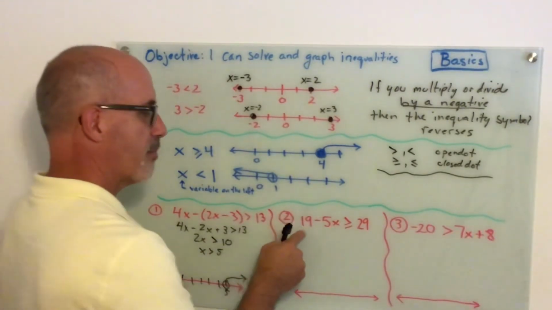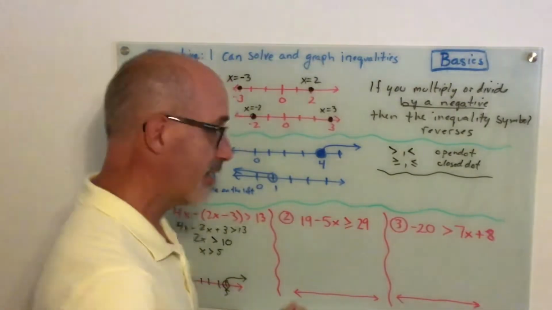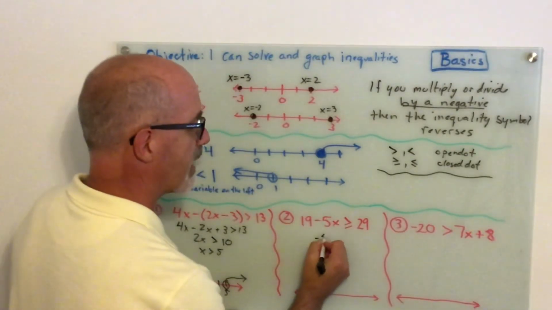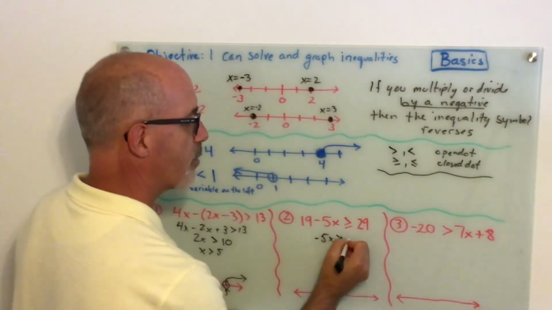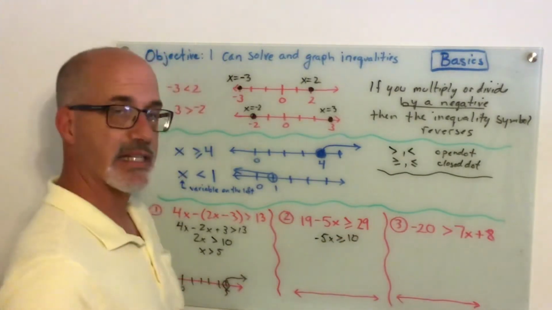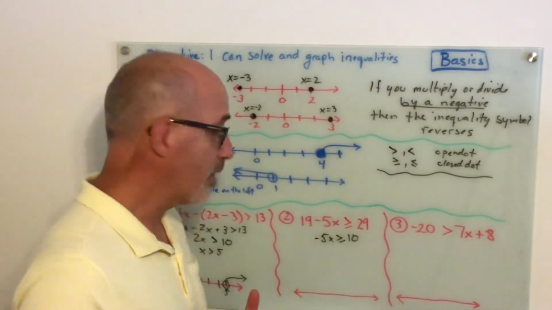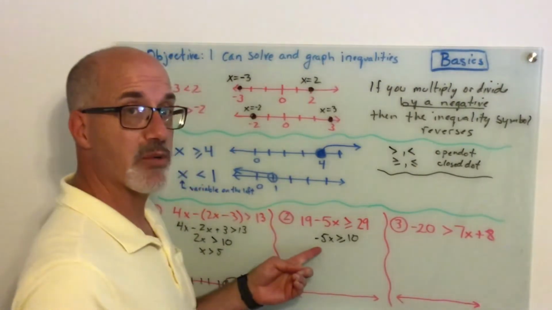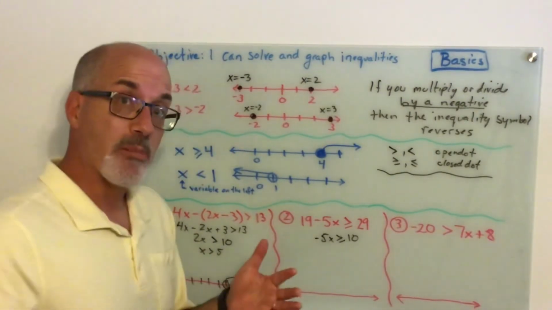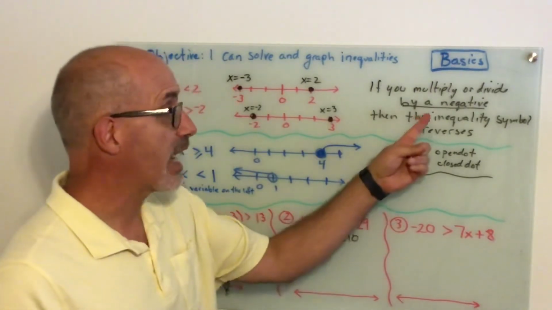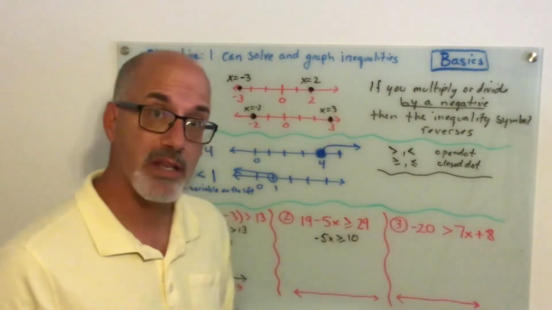Let's do this one. On this one, my first step is I'm going to subtract 19 from both sides. So I'm left with negative 5x is greater than or equal to 10 when I subtract 19. Subtraction does not change our inequality symbol, but now I'm going to divide both sides by negative 5. By dividing by a negative, we've got to reverse our inequality symbol.